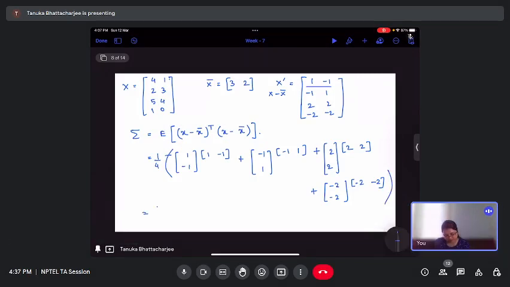Let's compute that: 1 minus 1 minus 1 1, first one, plus 1 minus 1 minus 1 1, plus 4 4 4 4, plus 4 4 4 4.